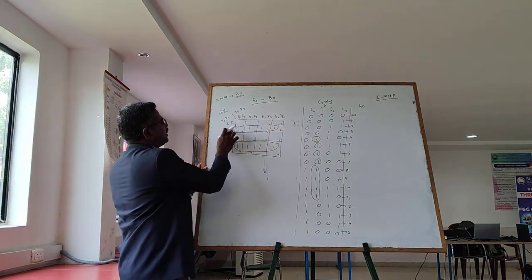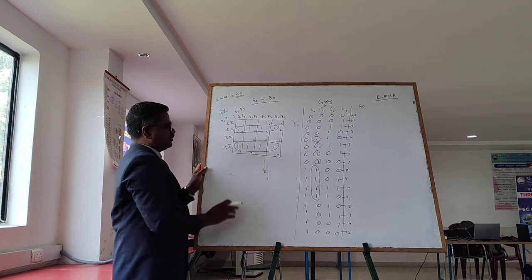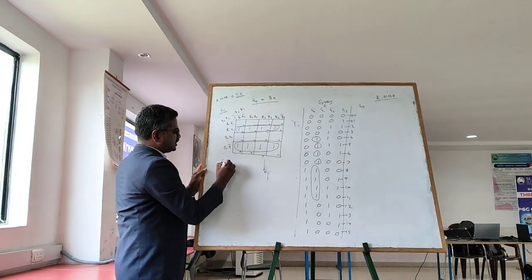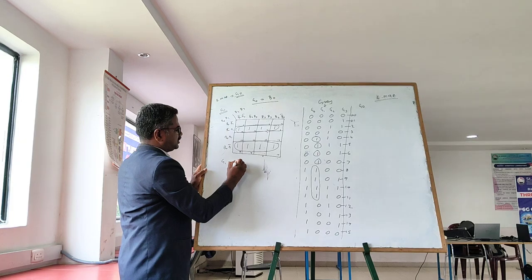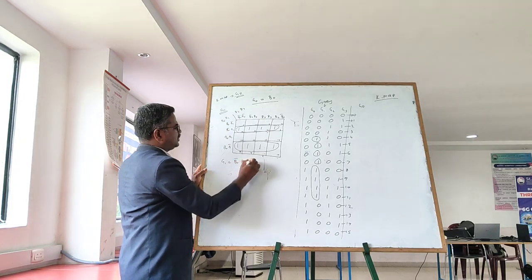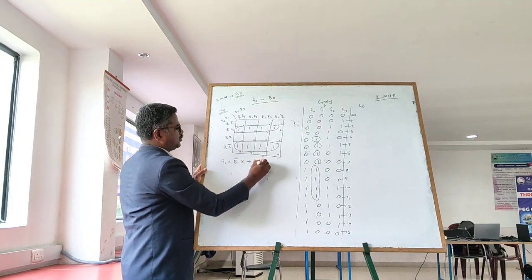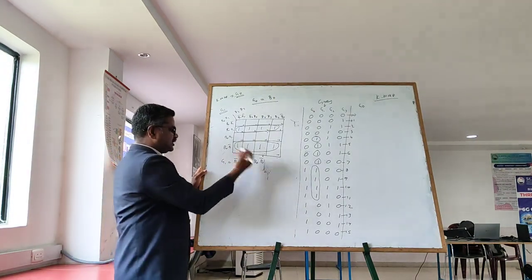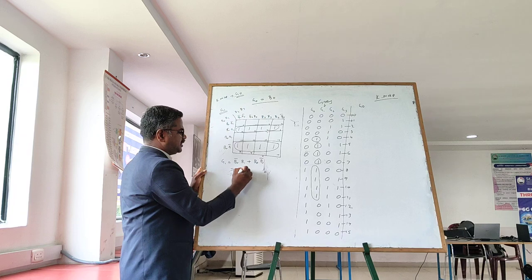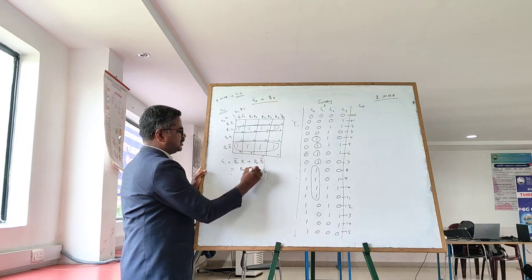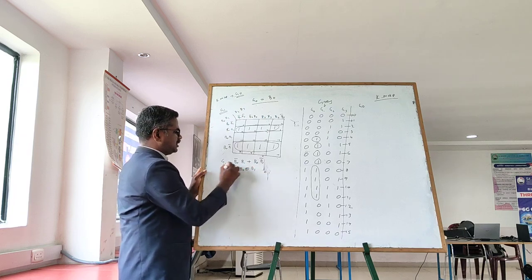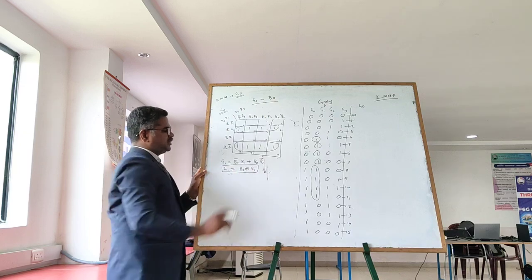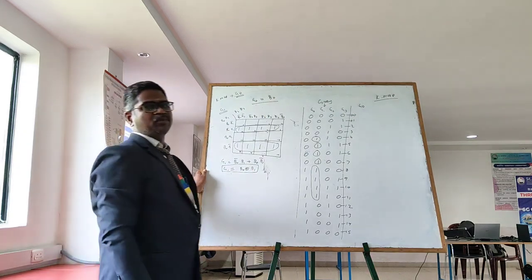Only B0 bar B1 and B0 B1 bar remain. So the output of G1 is nothing but B0 bar B1 plus B0 B1 bar. Clear? This is nothing but an XOR gate. It can be replaced by B0 XOR B1.